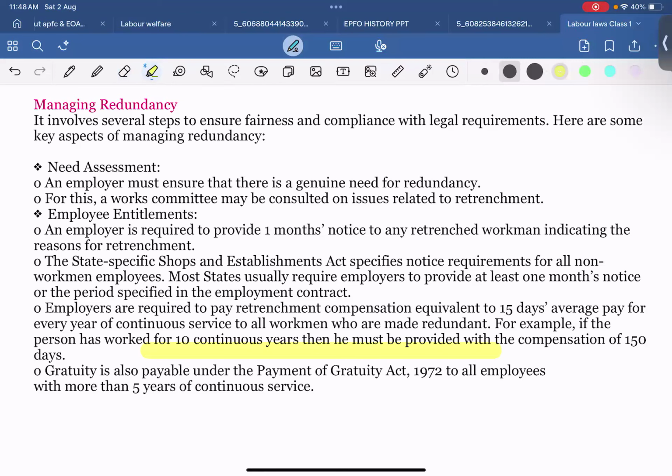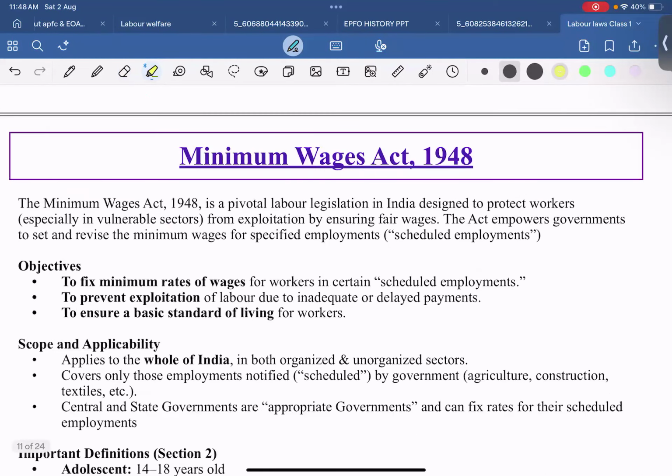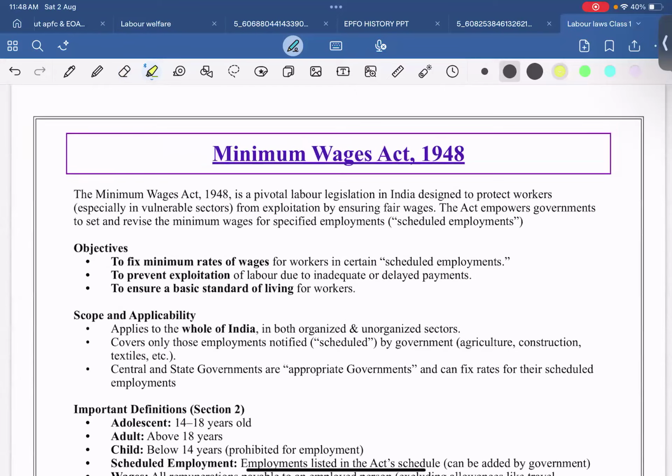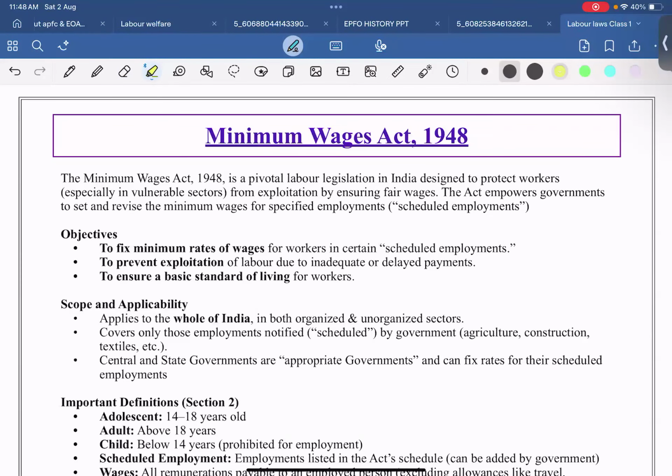Gratuity is also payable under the Payment of Gratuity Act 1972 to all employees with more than 5 years of continuous service, right? So gratuity. Remember this point. Now comes the first act, that is the Minimum Wages Act 1948.